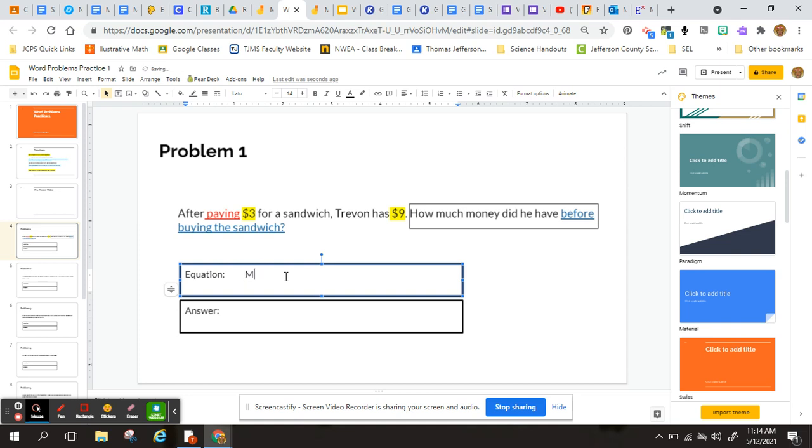I'm going to use M for money minus $3 equals him to have now $9. Okay, that's my equation. All right, and you can do it like this if you want. It'll work. So I would say that's our equation. Now we have to solve for M. So this is where we take this to the Jamboard and get to work.